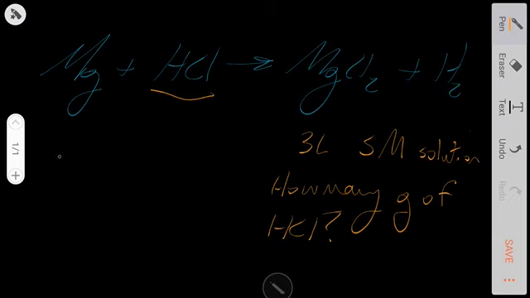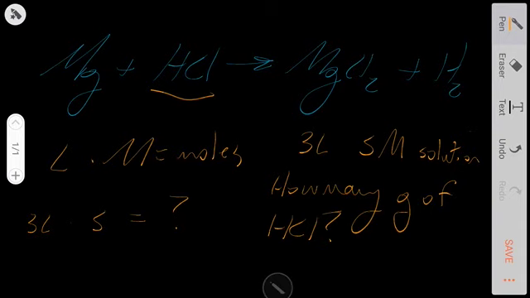So I'll use the equation, liters times molarity equals moles. So I have 3 liters times 5 is equal to, well, 3 times 5 is 15 moles. I don't want moles, I want grams, so I have to convert 15 moles to grams.